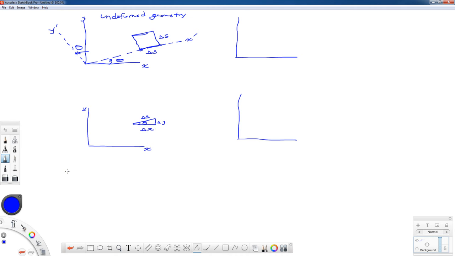Now from this figure I can figure out a relationship between those sides of that triangle. Delta x is equal to delta s cosine theta, and delta y is equal to delta s sine theta. This is a nice straight right triangle that we have right here, so we can relate those sides just through the trig functions.